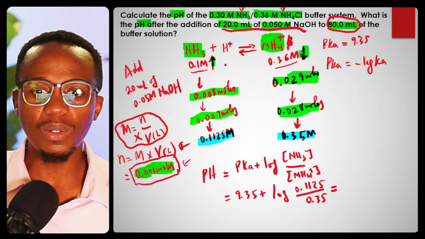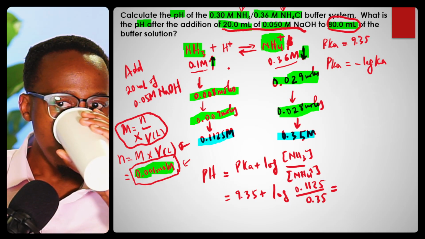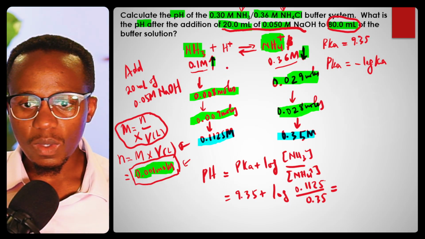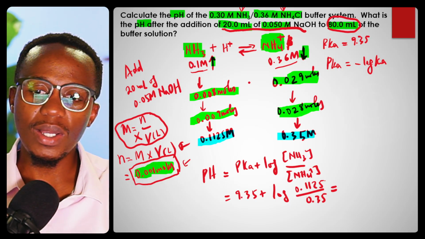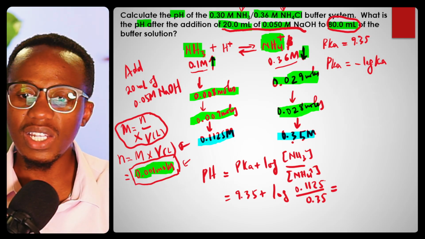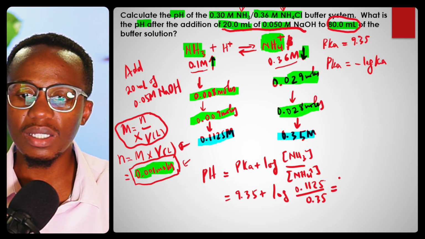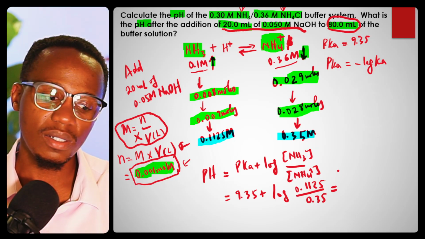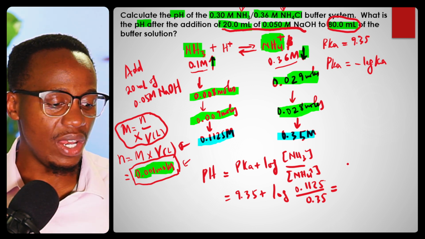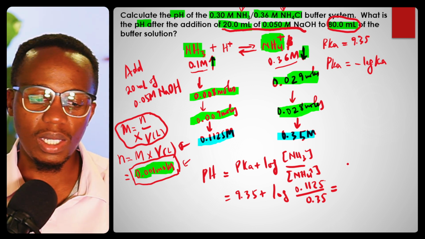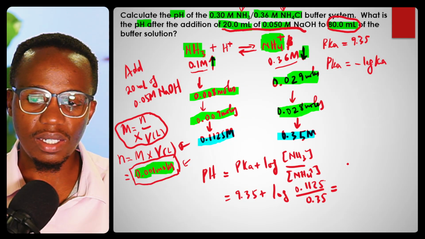All right. So one side goes up, one side goes down, and then we find the new molarities, and then we just calculate the new pH. All right, so now we have a new pH and an old pH, and let me go ahead and calculate it.